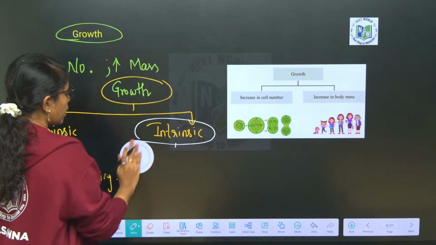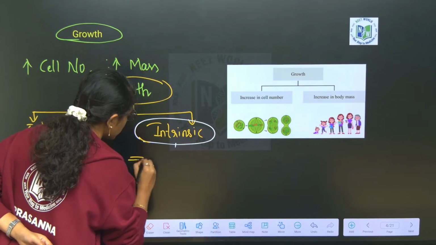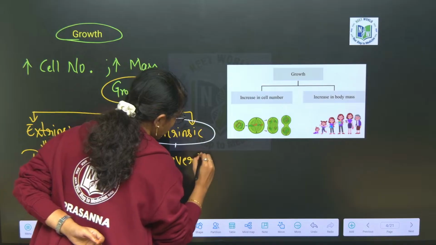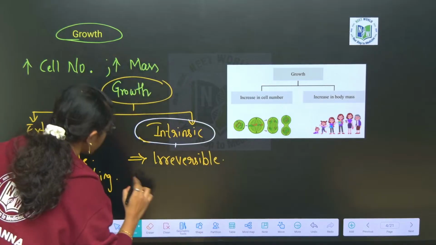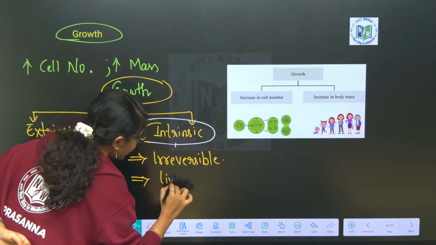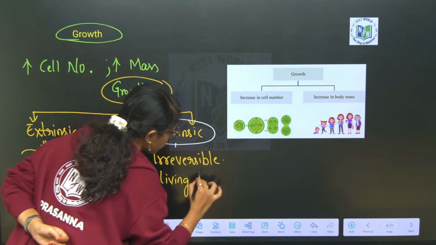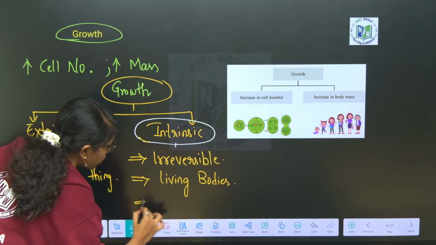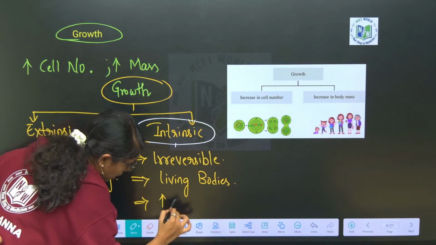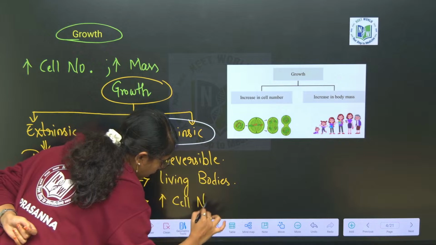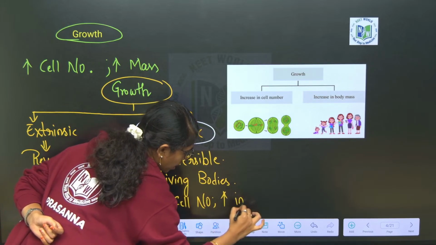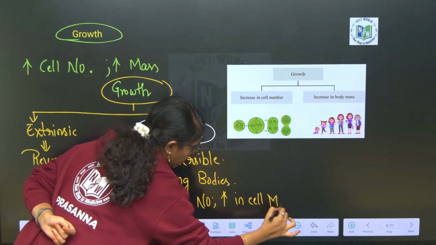Intrinsic growth is irreversible, it occurs in living bodies, and here you can observe two things, increase in cell number and increase in cell mass.